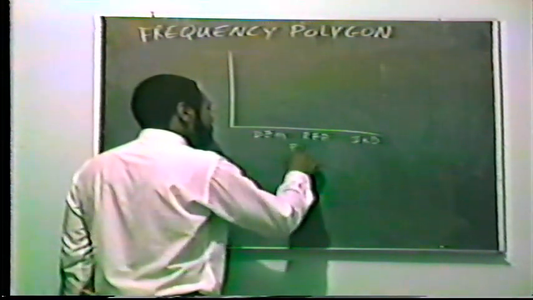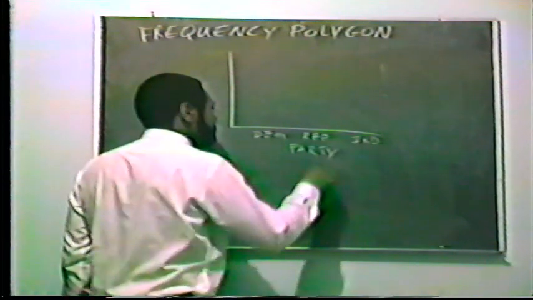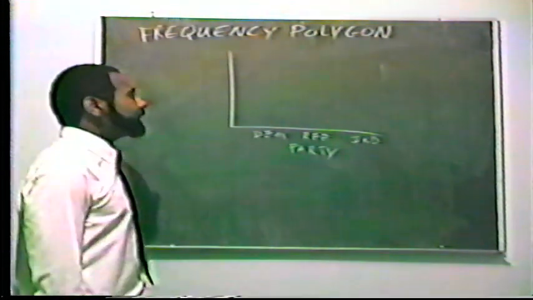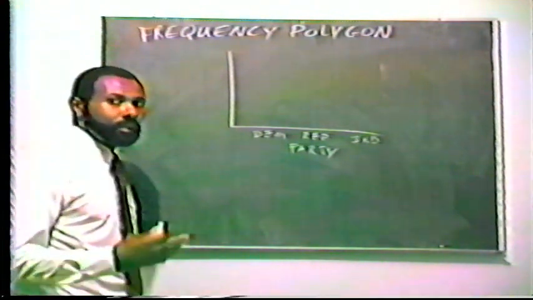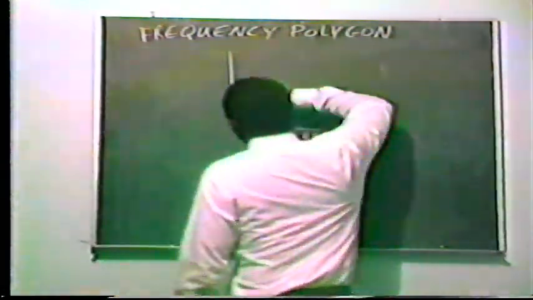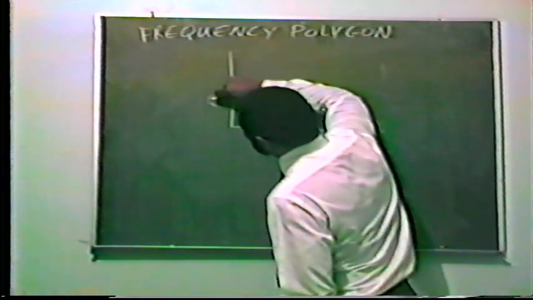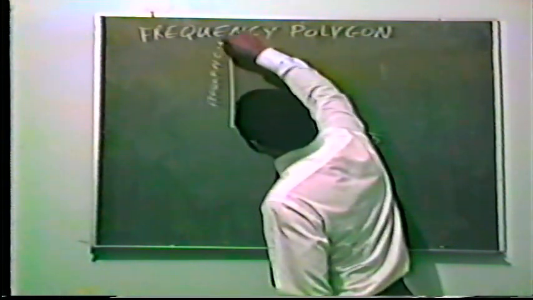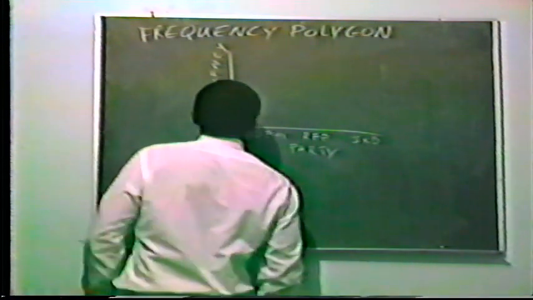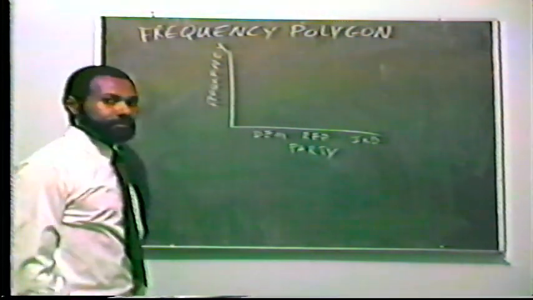These are the different types of parties. On the vertical axis, we will put the frequency, just like we did on the histogram.